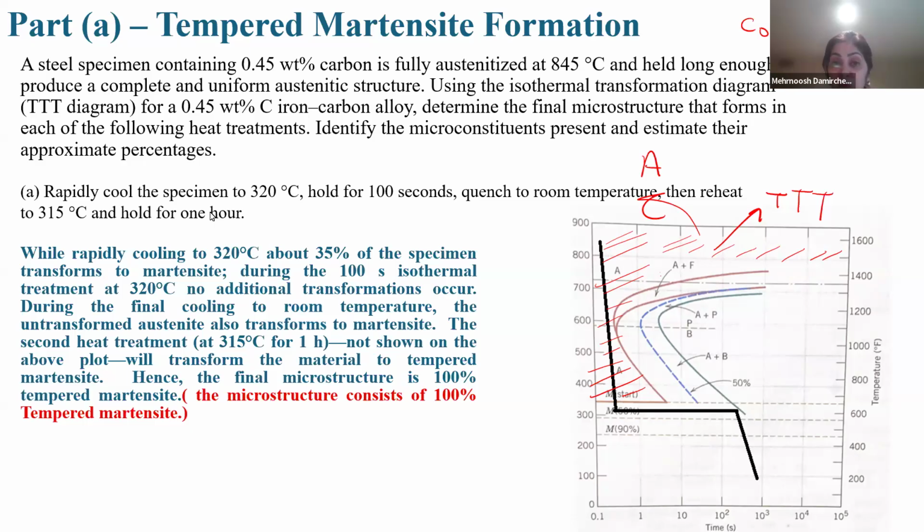Using the isothermal transformation diagram or TTT diagram for 0.45% carbon, determine the final microstructure that forms in each of the following heat treatments. Identify the macroconstituents and estimate their approximate percentage.